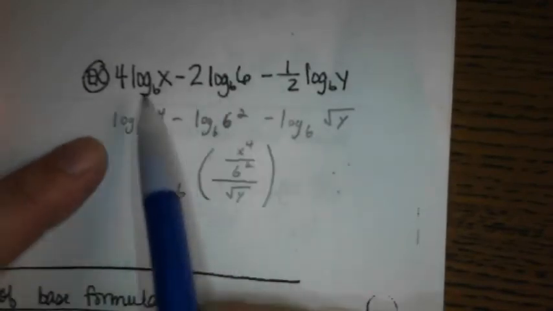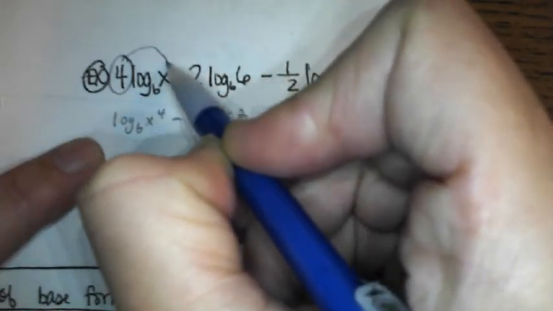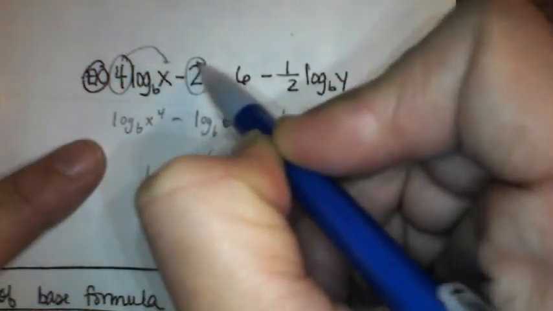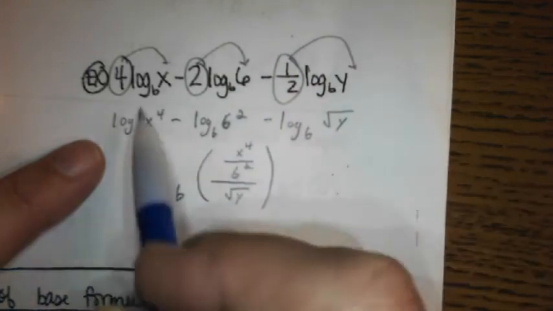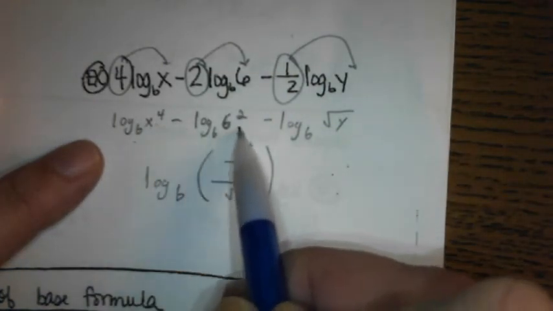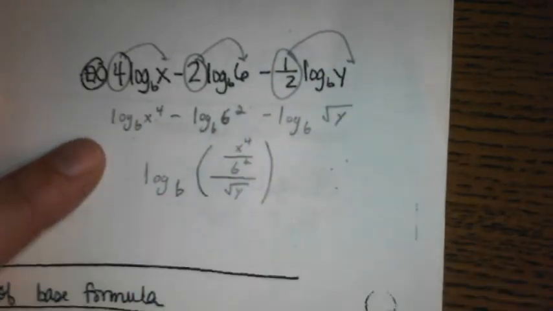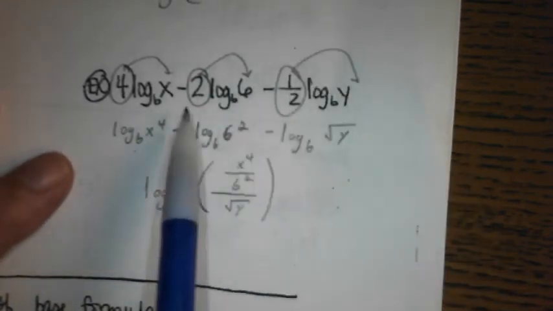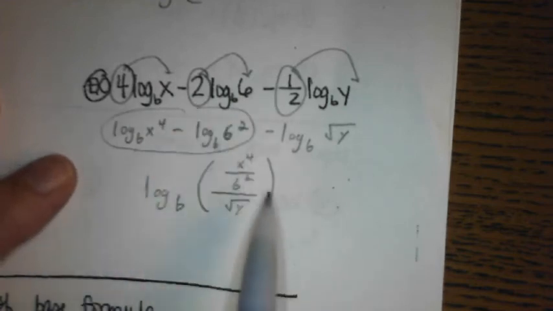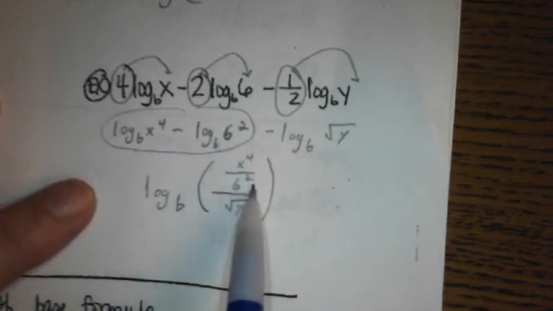So the first thing he did was move this to an exponent, move the 2 to an exponent, and move the 1/2 to an exponent. Good. Then he turned this into division. So there's his x to the 4th over 6 squared.